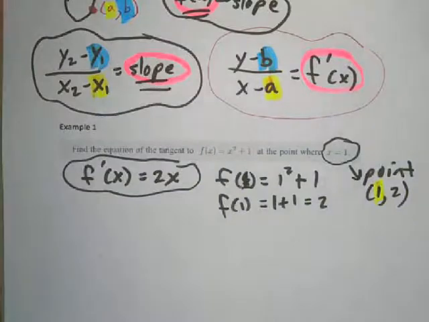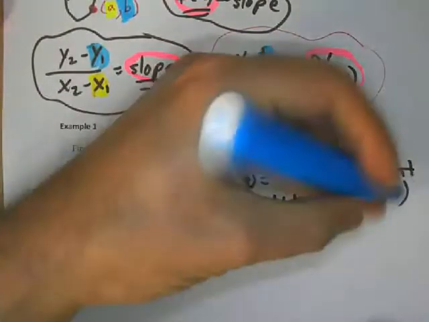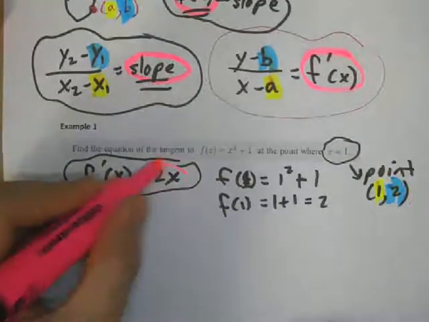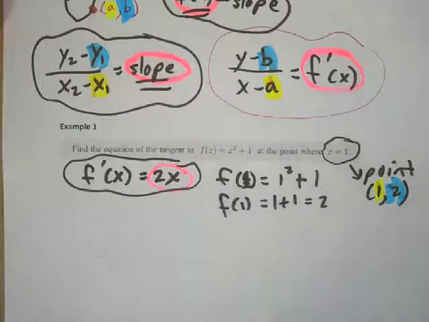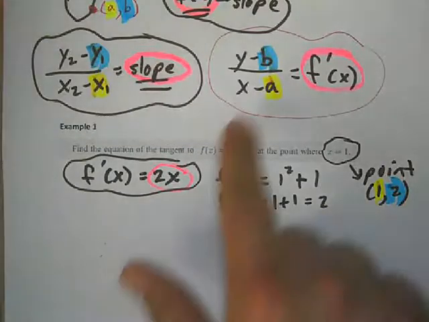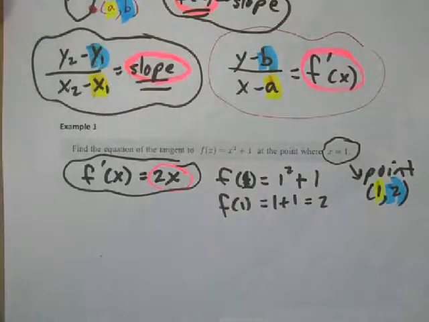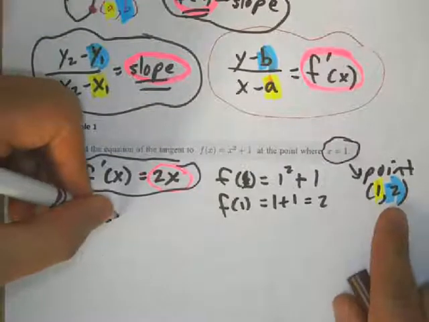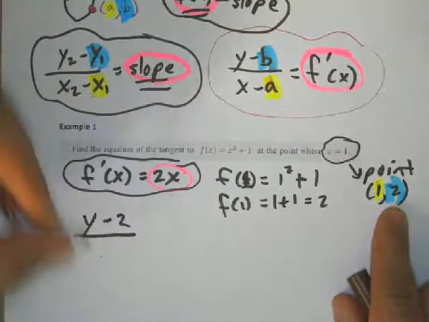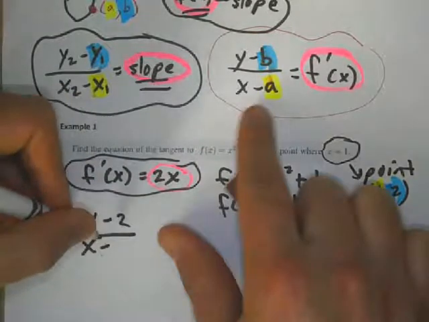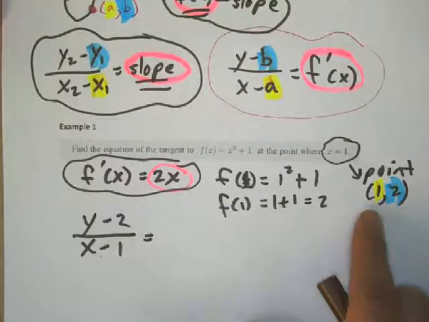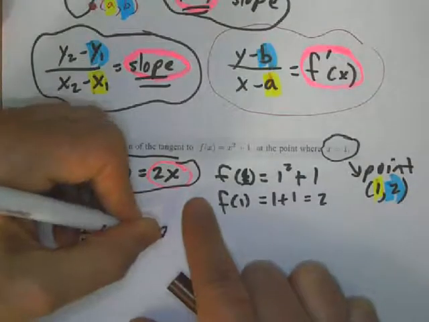All right? So I'm going to use this relationship up above to help us come up with the tangent equation. Okay. So if I've got y minus the blue one, 2, over x minus the yellow one, 1, that should be equal to our slope, 2x, right?